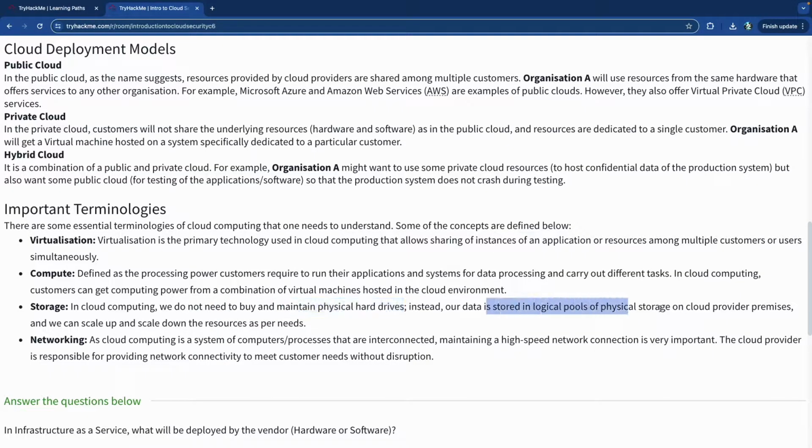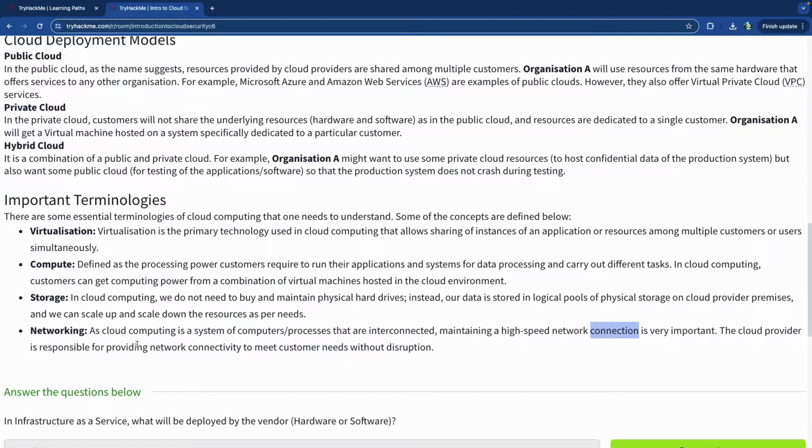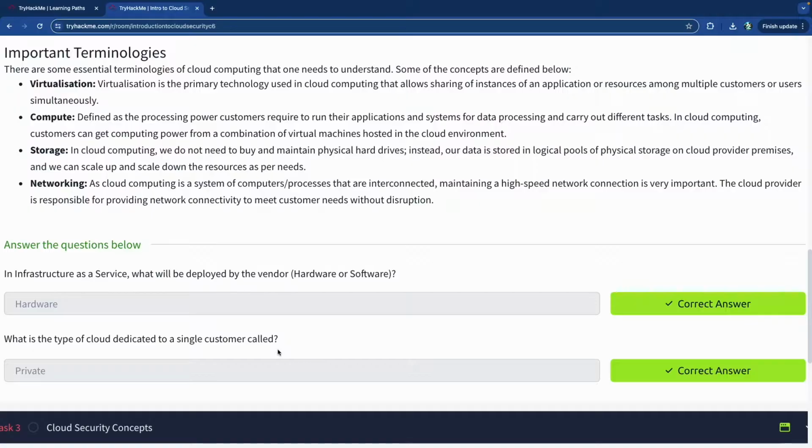Instead, the data is stored in logical pools of physical storage on the cloud provider's premises. And then you can scale up or scale down based on what you need. And then networking, as cloud computing is a system of computers and processes that are interconnected. You maintain a high-speed network and you need to have that connection, and that's very, very important. So the cloud provider is responsible for providing network connectivity to meet customer needs without disruption.